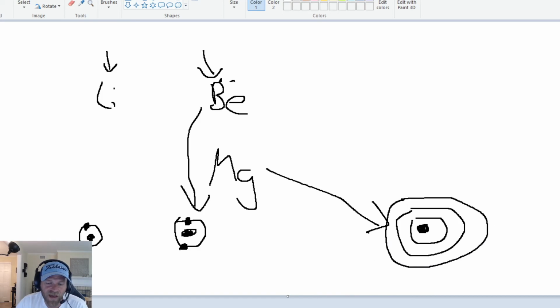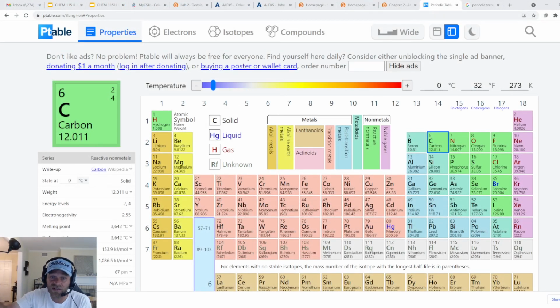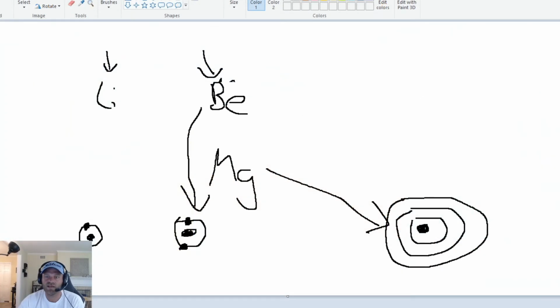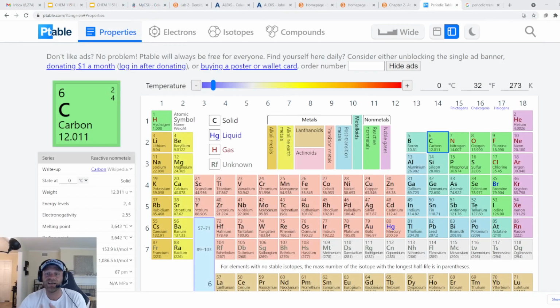I've come down and I've added, looking at my periodic table, a 2p shell and a 3s shell. So it has two more shells than the beryllium did, thus it gets bigger. All right, as you go down, the atomic size is going to get bigger because I have more electron shells and it gets wider and wider. If I have more electrons on the same shell, they're going to be smaller because those electrons are pulling in so tight. All right, so that's atomic size. Let's look at ionization energy.